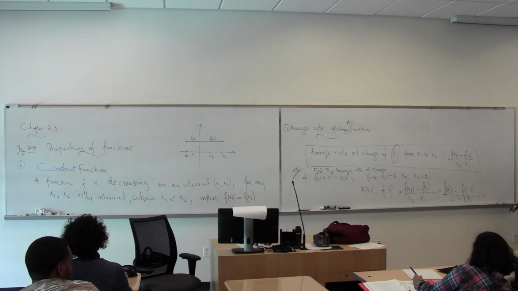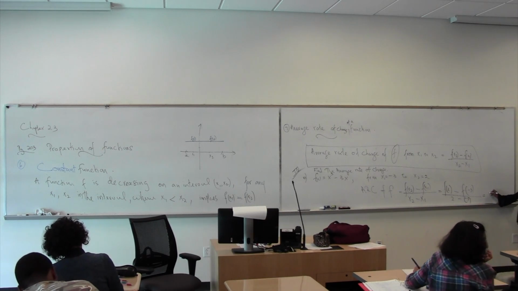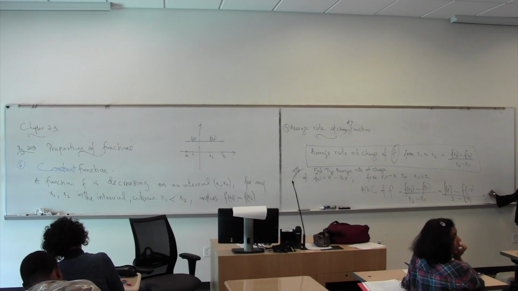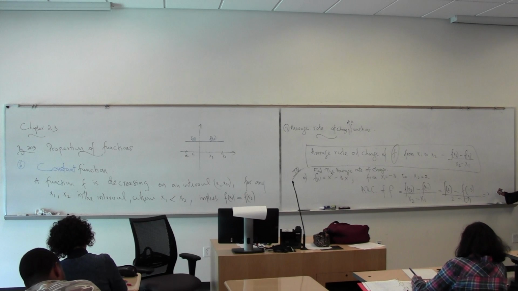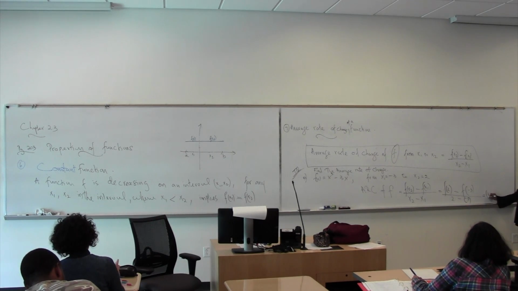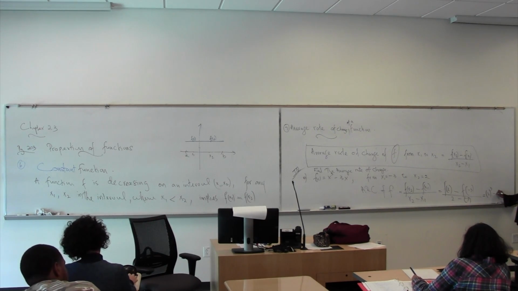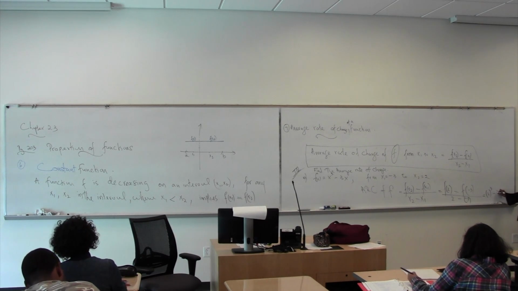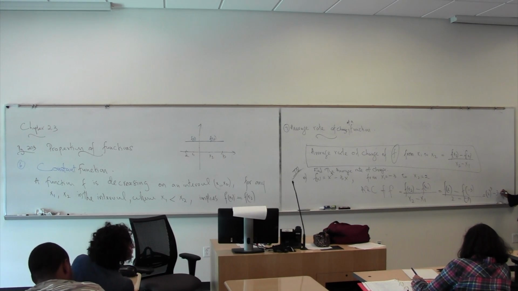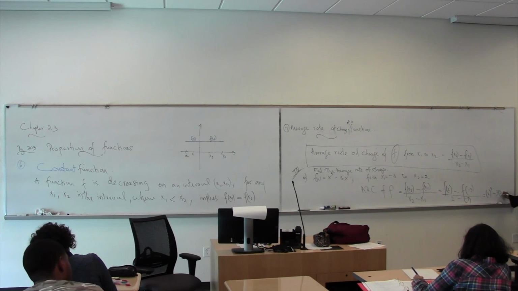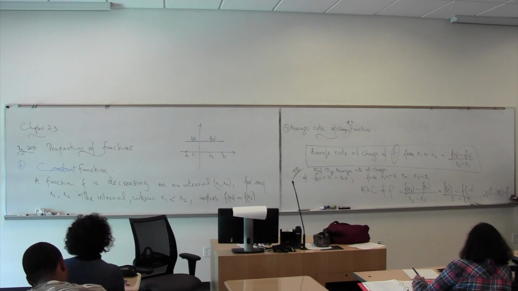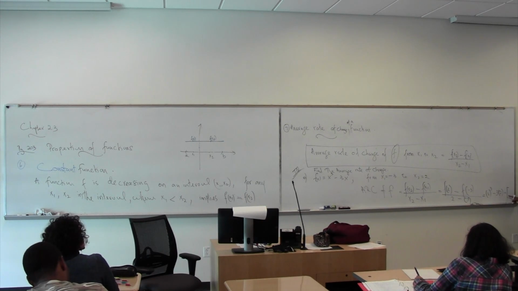F of x is, we know the function, 2 to the power 3 minus 3 times 2. You can just write this, but I'm just doing the whole evaluation here. Subtract, I'm going to put brackets inside here because I need to subtract, right?